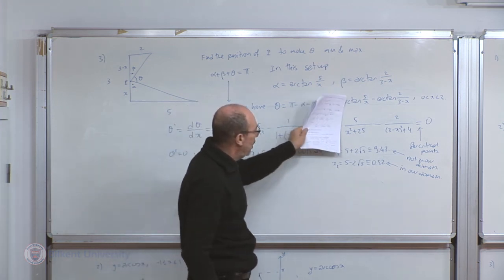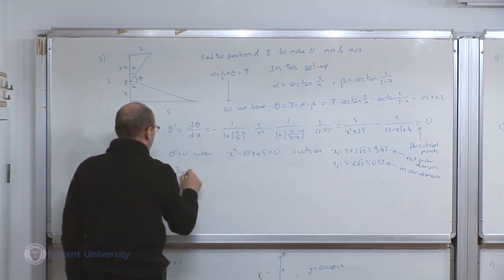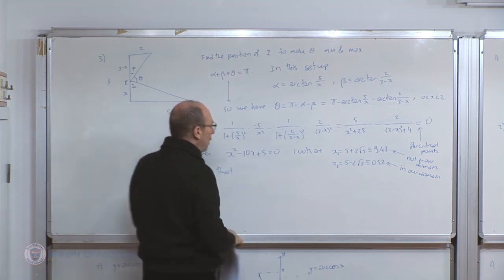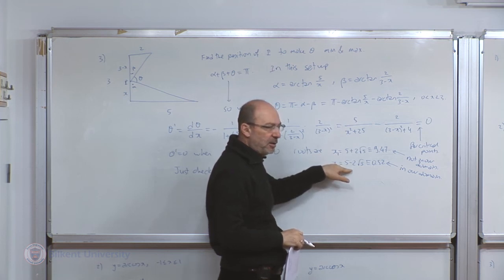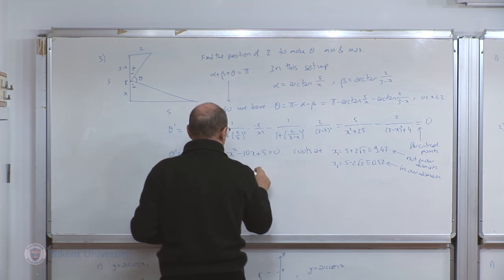It's easier to check what happens here. So just check the signs. You check what happens when x is less than this and larger than this. Check that in our domain.